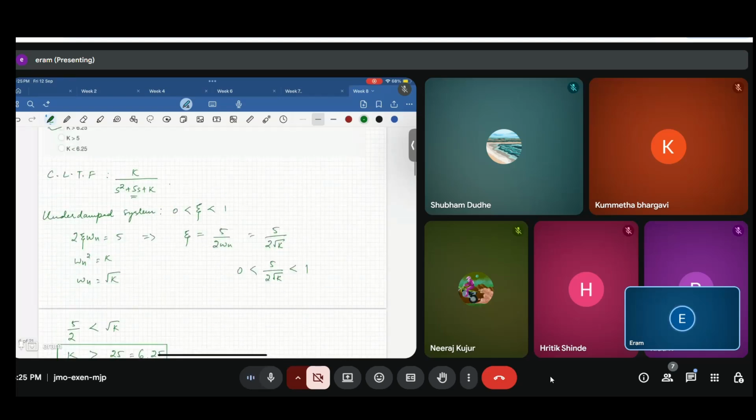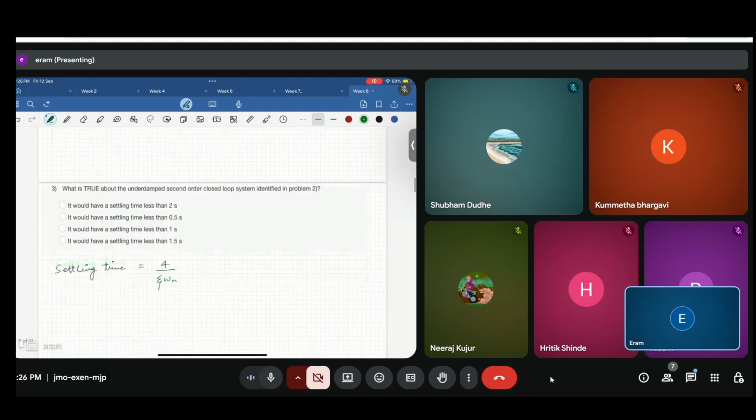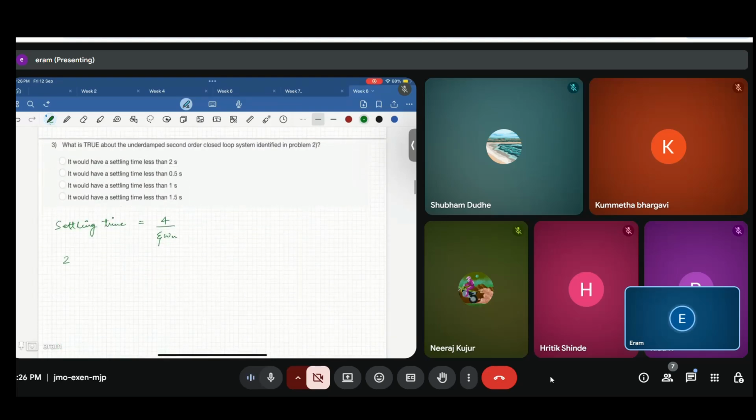For this closed loop transfer function, you have 2 zeta omega n equals 5. Then your zeta omega n equals 5 by 2. Now put this here.